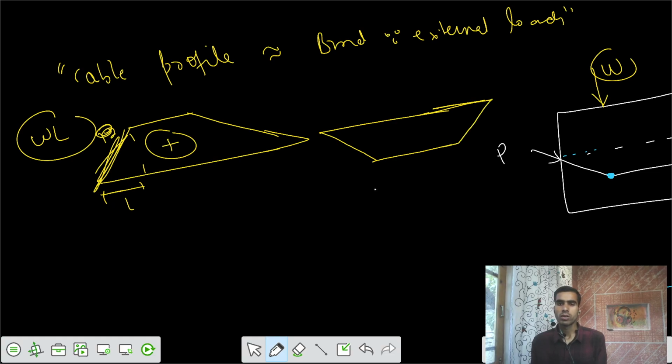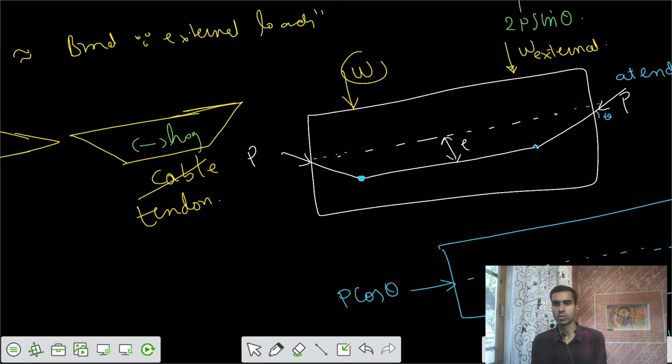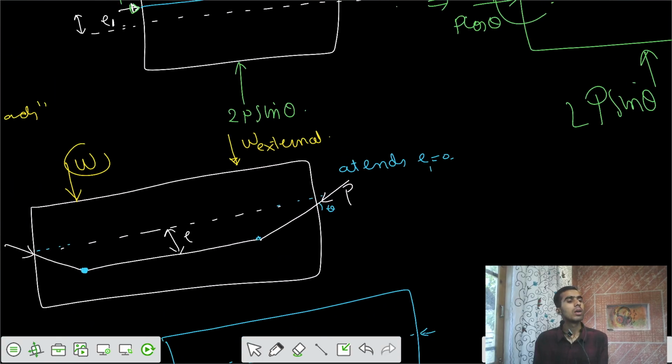We keep the tendon in such a way that it produces hogging, negative moments, so that it can counteract the effects of those external moments also. So this was your trapezoidal cable.